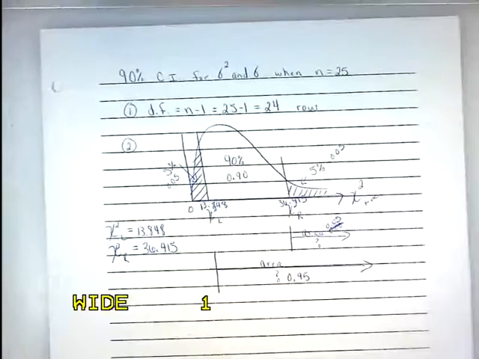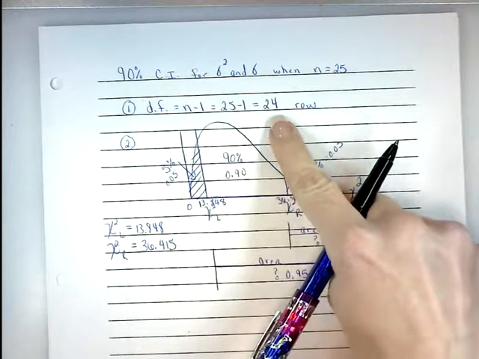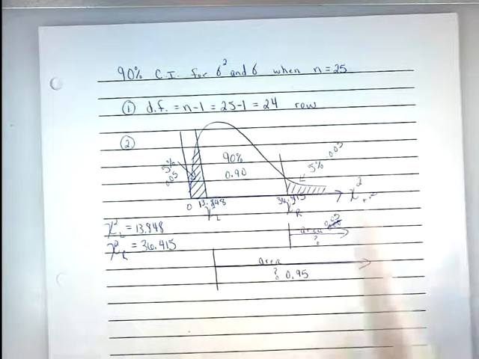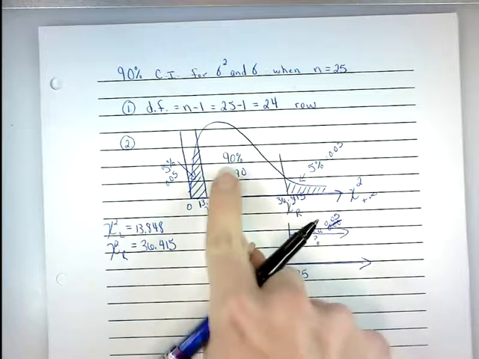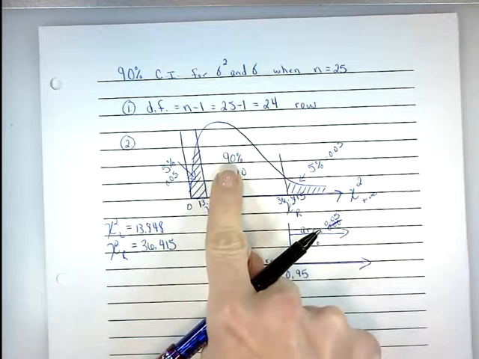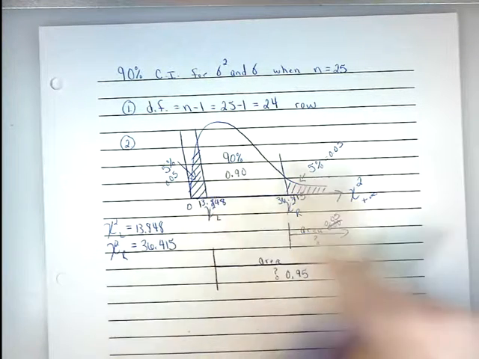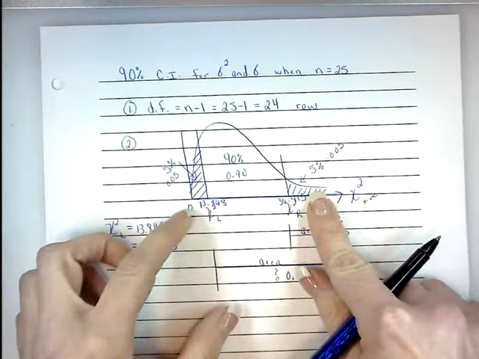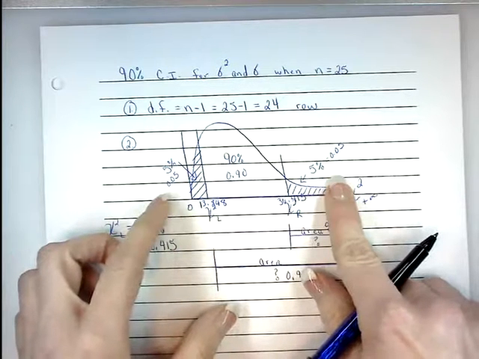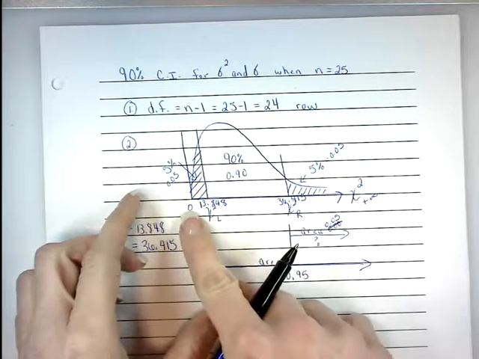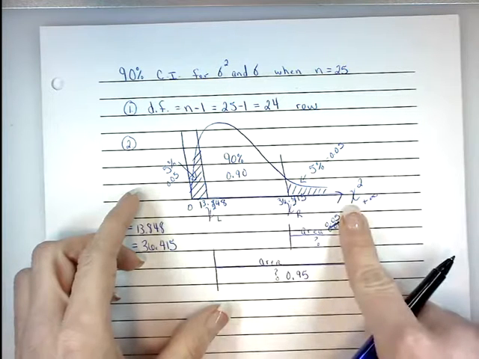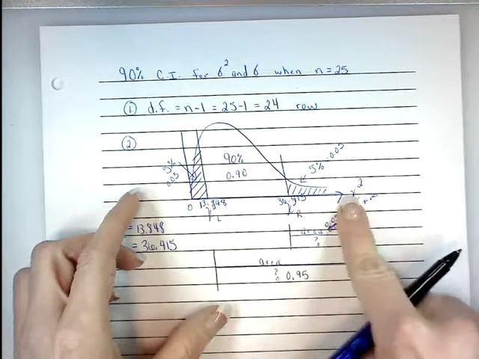As a quick review, to know which row you go to, degrees of freedom, sample size minus 1. That's simple. To know the columns that you go to, the unshaded area is the degree of confidence, 90%. That leaves 10% divided between the two tails, so each tail is 5%. Start at 0 on the axis and go out to positive infinity, and these are chi-square values.